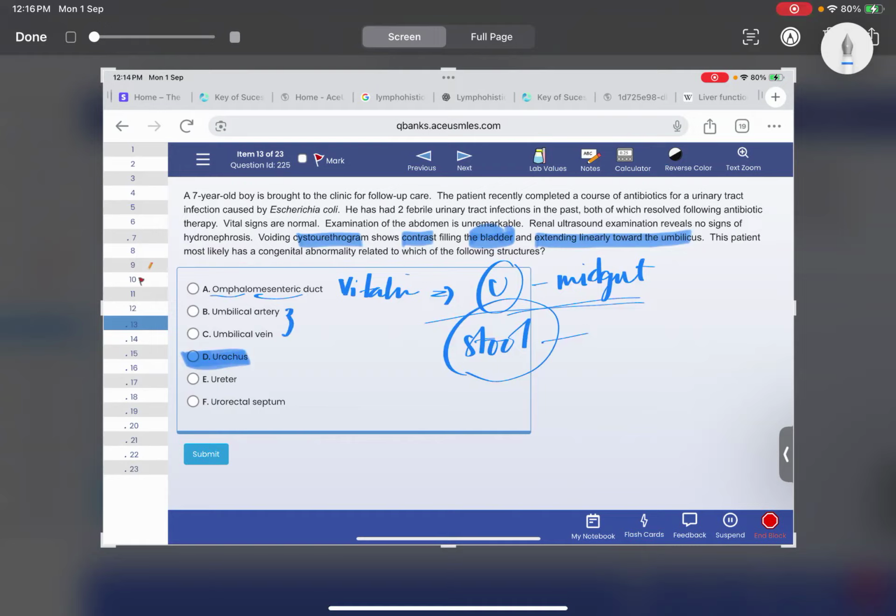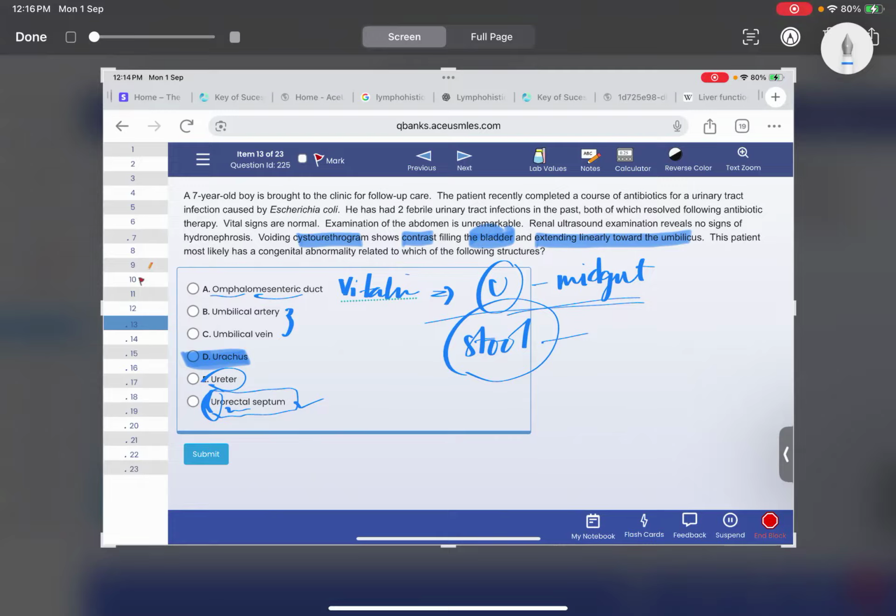The umbilical artery and vein are not related that much to the stem. And the same for the ureter and the urorectal septum, again between the urinary system and the rectum. If you don't know all these septums and all that stuff, by the end of the session you will understand each and every point.